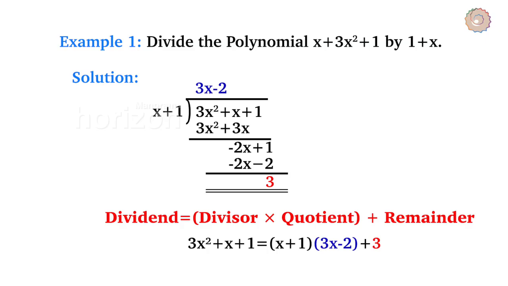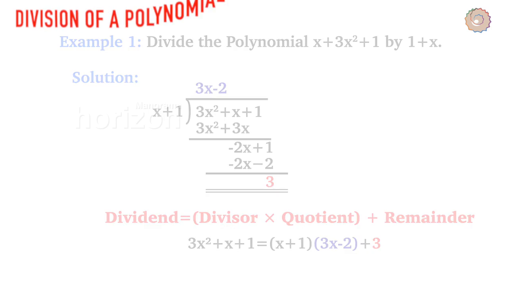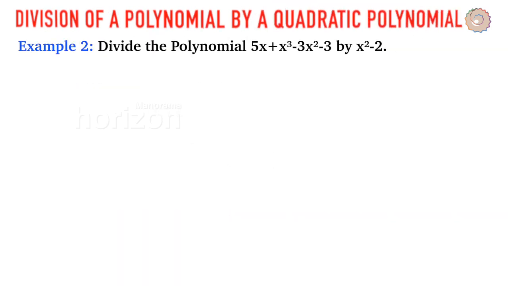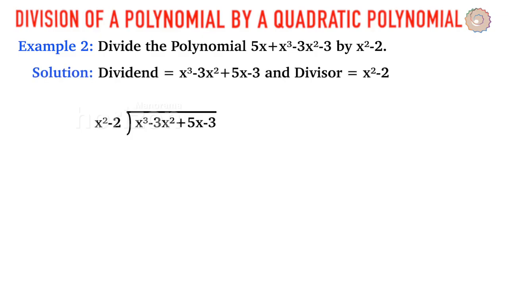Now let's see in detail with another example. Divide the polynomial x^3 - 3x^2 + 5x - 3 by x^2 - 2. Here the dividend is a cubic polynomial and the divisor is a quadratic polynomial. The first step is to obtain the first term of the quotient.